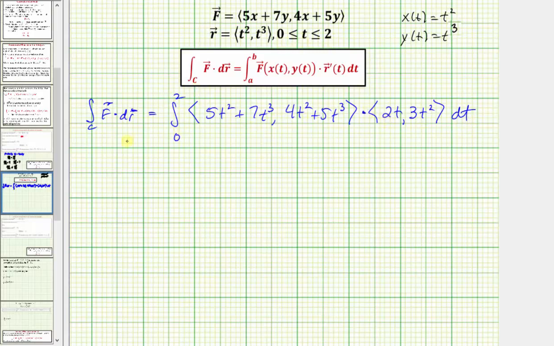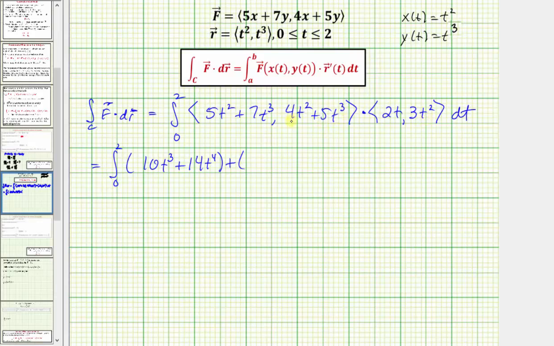Now let's go ahead and find this dot product. So we have the quantity 5t squared plus 7t to the third times 2t. That's 10t to the third plus 14t to the fourth. And we'd have plus the quantity 4t squared plus 5t to the third times 3t squared.